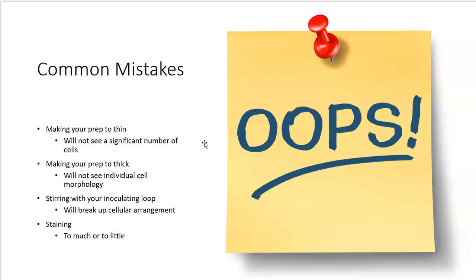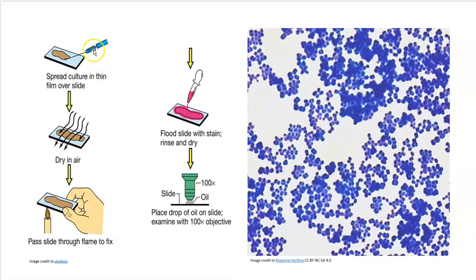Another mistake is stirring with your inoculating loop. When you take your loop that has bacteria on it and mix it into the drop of water on the slide, you want to smear it very gently. You do not want to aggressively stir it. The reason why you don't want to aggressively stir it is because you can break up the natural arrangement of the bacteria. So with this bacteria, Staphylococcus, it's supposed to be in irregular clusters, these grape-like clusters.